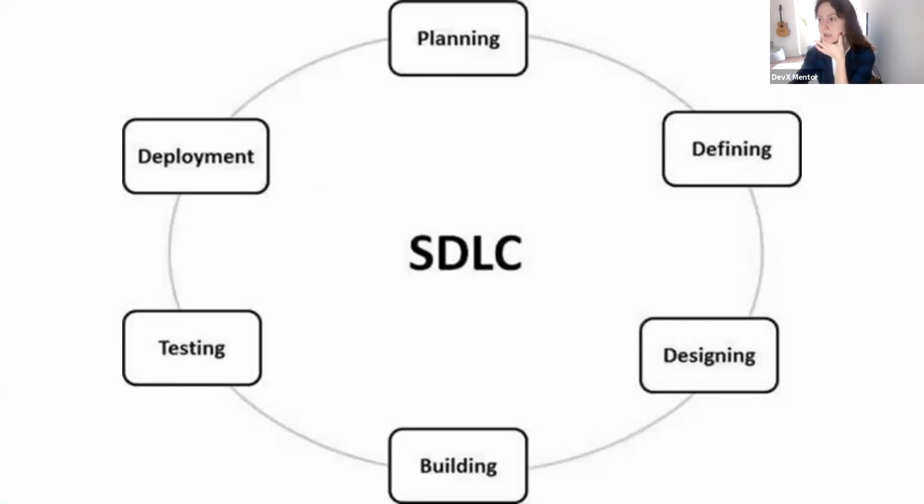So this is showing all phases together in one picture. How does it work? Basically, it works like a cycle. So it goes from planning, then defining, design, and so on.